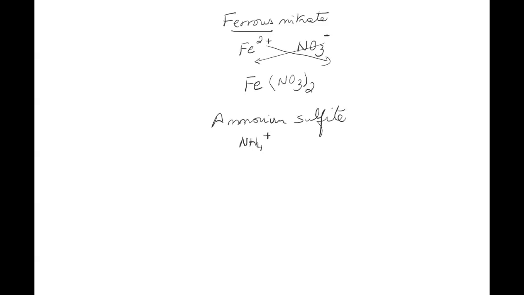I need you to remember that because the ammonium ion is different than ammonia. Ammonium ion is the only polyatomic ion that has a plus charge. That should help you remember it. Ammonium ion is the only polyatomic ion that carries a positive charge. All other polyatomic ions are negative, are anions.